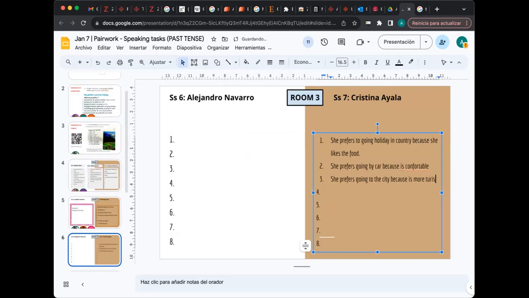Tourist. Touristic or what's it? Tourist.